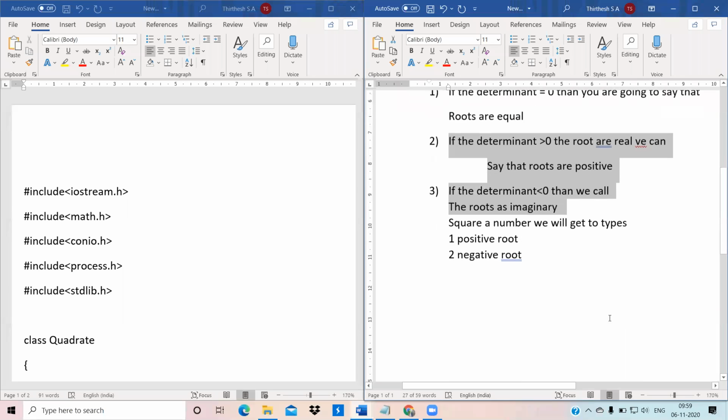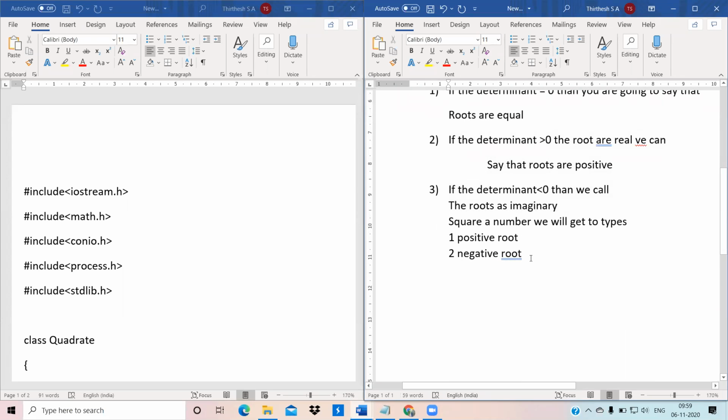Okay. So now what are the things we require to work on this sum? The first main thing we require is to input the following data.